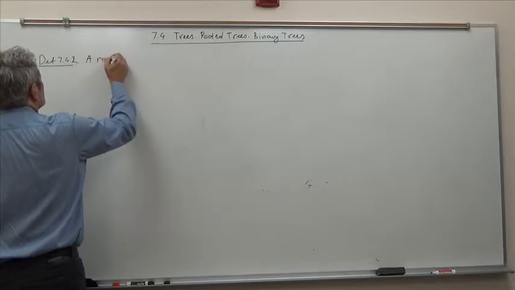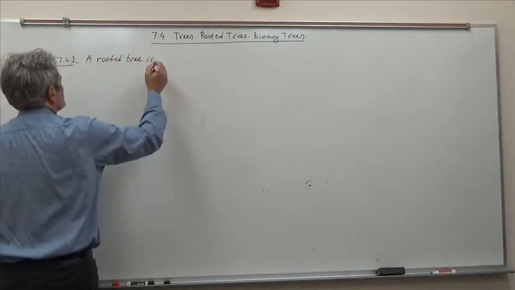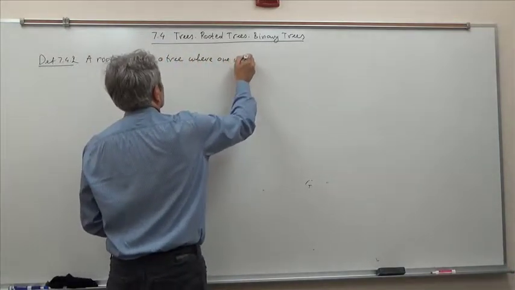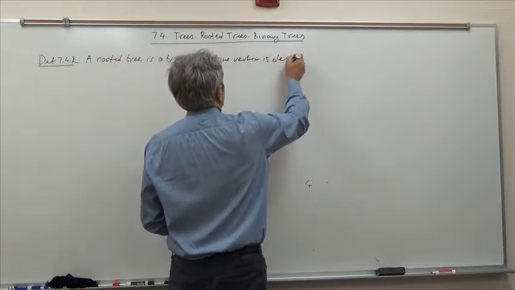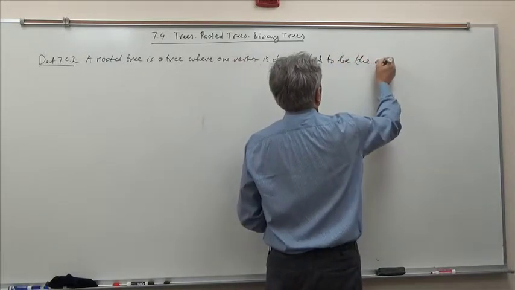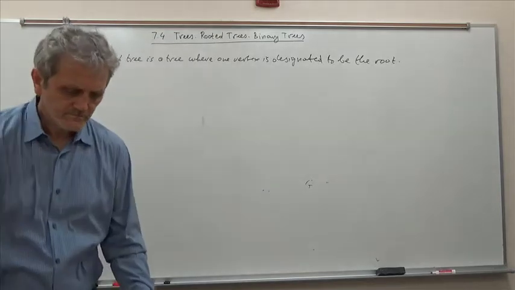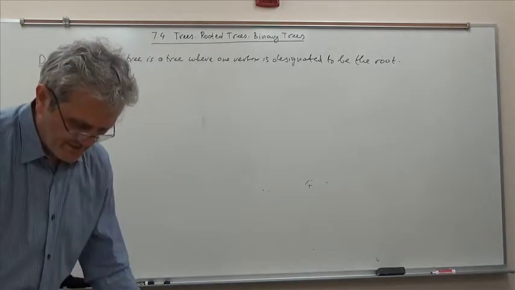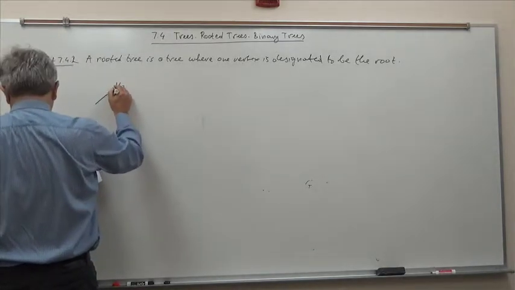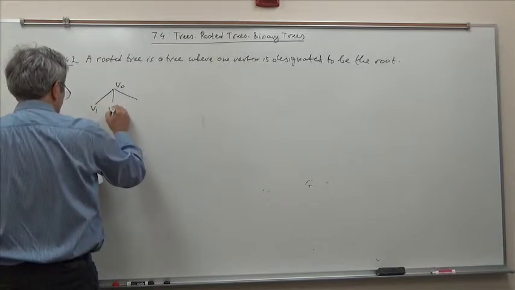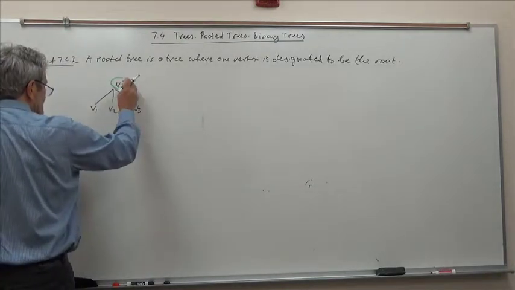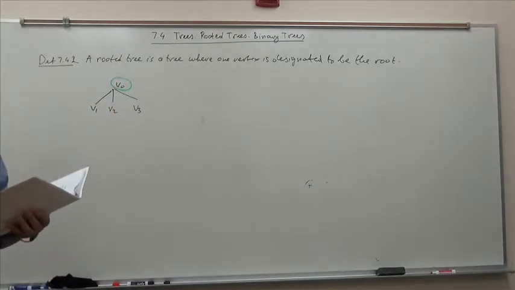A rooted tree is a tree where one vertex is designated to be the root. Let me give you an example before I continue the definition. So here it is, V0, then V1, V2, V3. So we designated V0 to be the root of the tree.